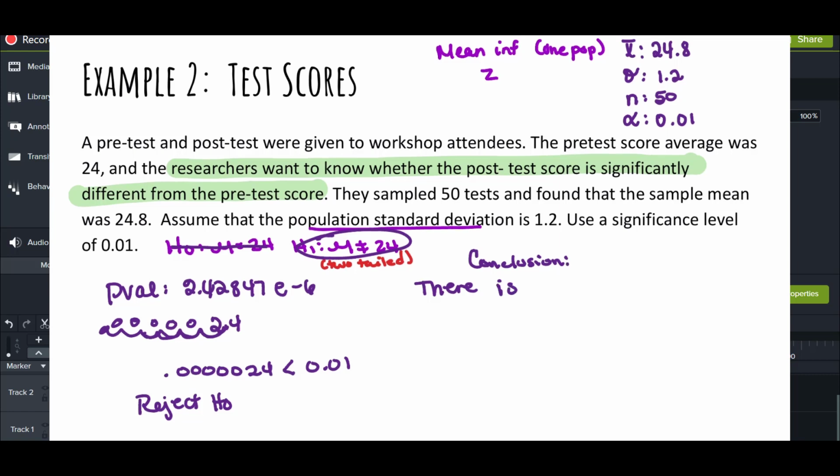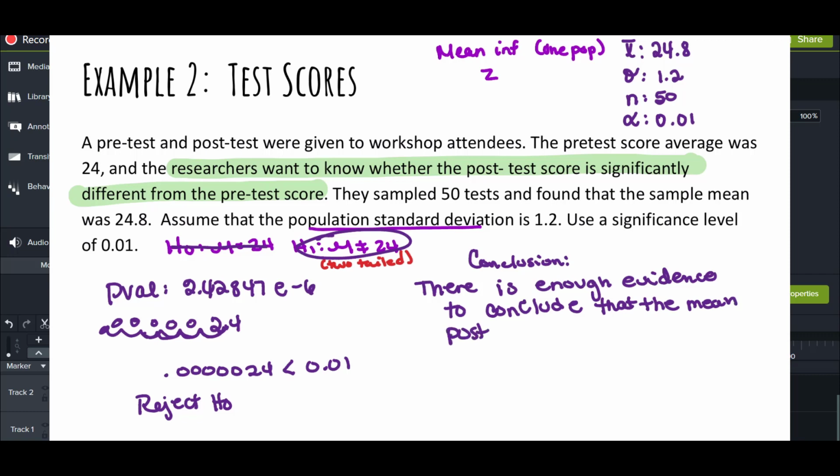We would say there is enough evidence to conclude that H1, and H1 in context is that the mean post-test score differs from 24, or differs from the pre-test score, which is 24.